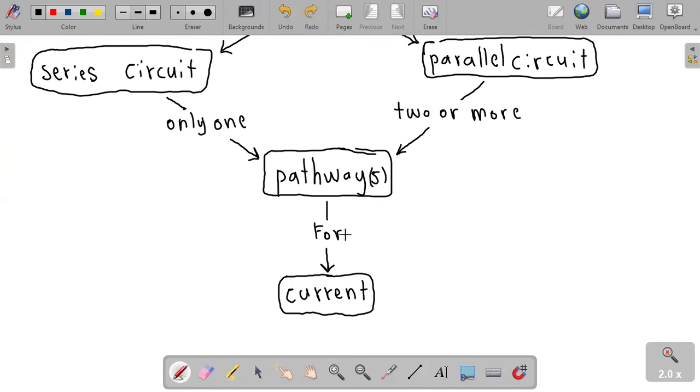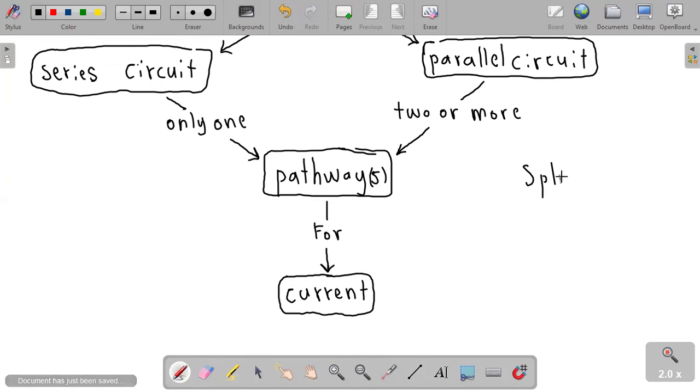And then again, we say current splits. For a parallel circuit, current splits between branches.